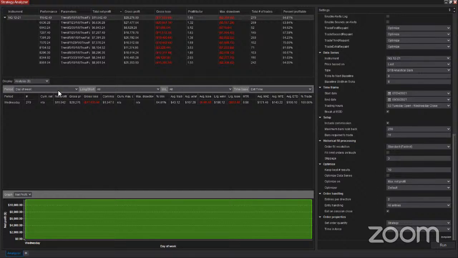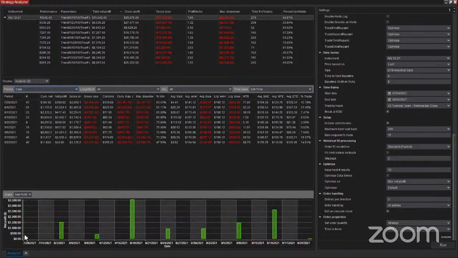Okay, so going back to this, they're daily, it's only showing the Wednesdays. So the history of this system, those are the trades. On the 28th, it entered 41 positions. On the 4th, it entered 58 positions.